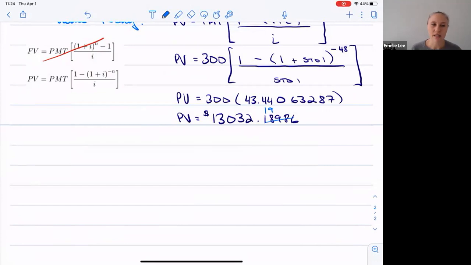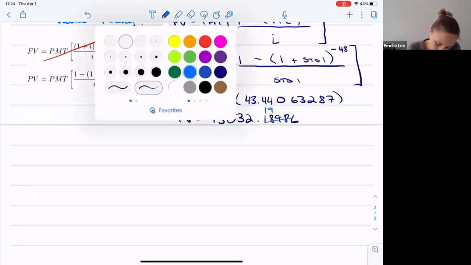So that's the value of the car today, because that's how much you're paying off. Okay. Good.